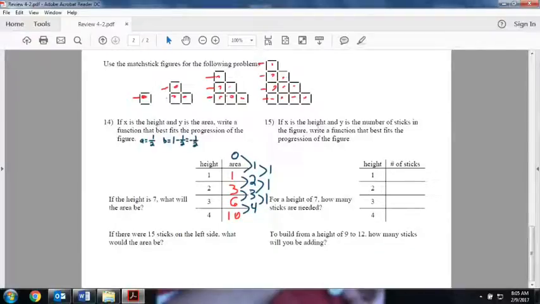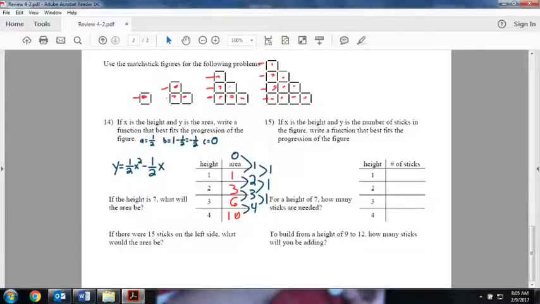So our a value is 1/2, our b value is negative 1/2, and your c value, well, that's 0. And if you want to use 0.5 instead of 1/2, that's fine. So your equation is y equals 1/2 or 0.5x squared minus 1/2 or 0.5x.